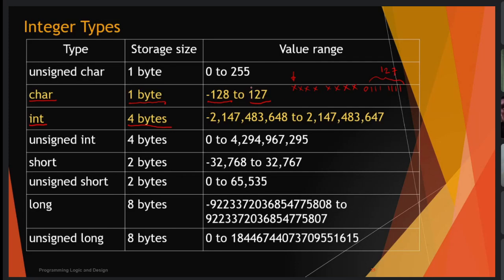Okay? And that is how we got positive 127. Okay? For 1 byte. Then how about 128? How did we get 128? Okay? What is negative 128? Negative 128 in the computer is read as 1, 0, 0, 0, 0, 0, 0, 0. Okay? Why is that 128?